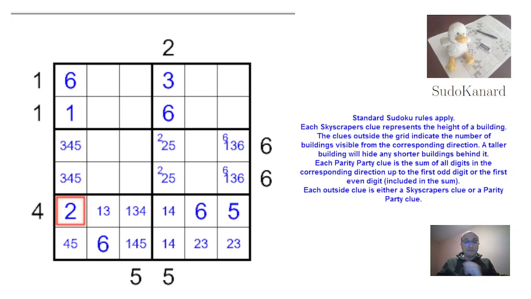I mean that it doesn't break. Now, the interesting part is that if this is not a skyscraper's clue, then it has to be a Parity Party clue, in which case this is a 4. So this must be 2 or 4.